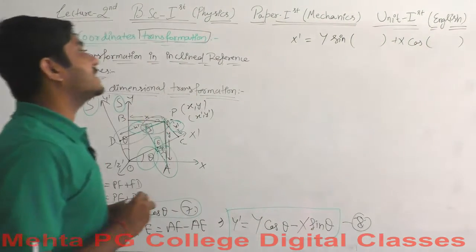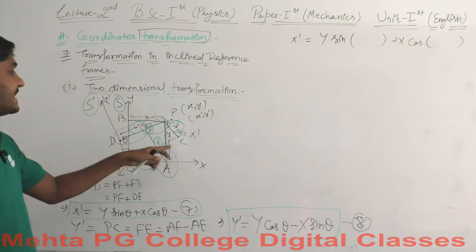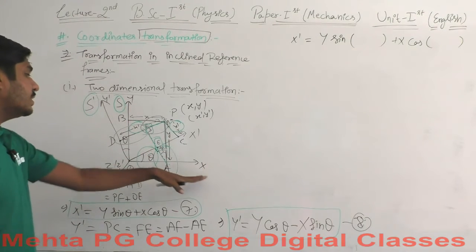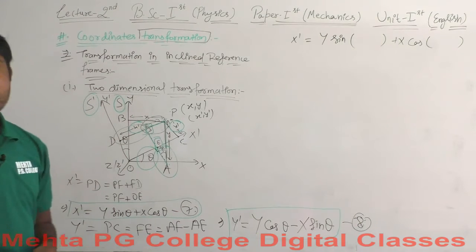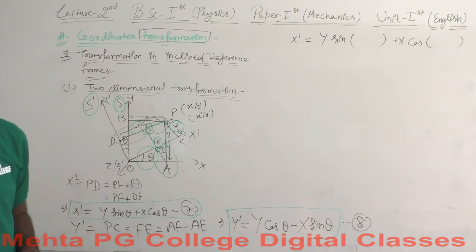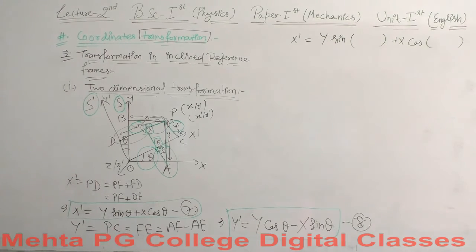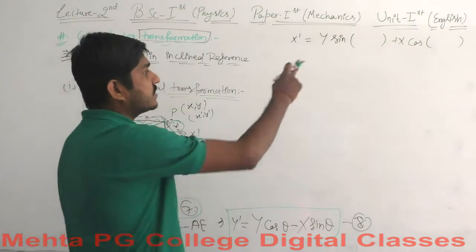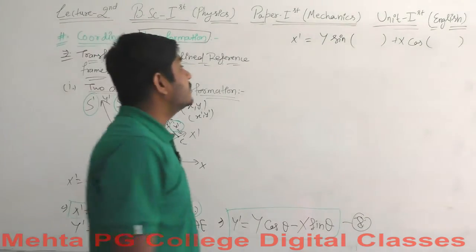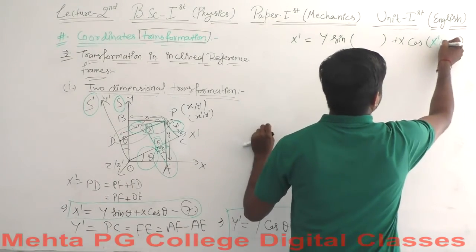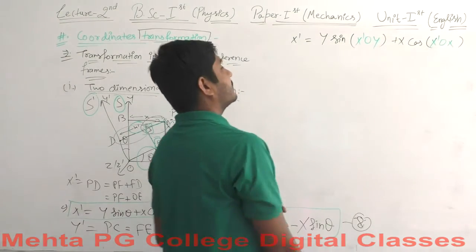So what should be the value of theta here? If you are going through y sin theta, then theta must be equal to the angle y o y dash, sorry, x dash o y. So x dash is equal to x cos of x dash ox and y sin of x dash oy.